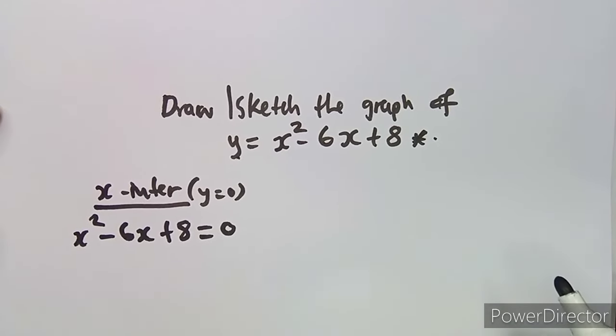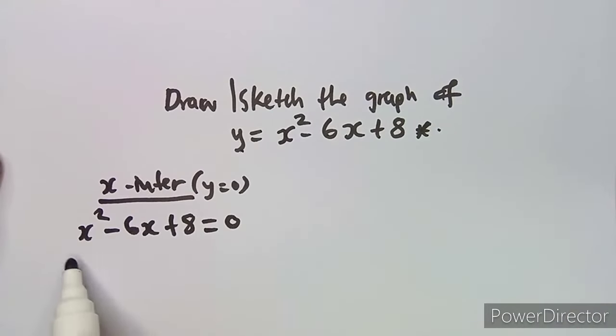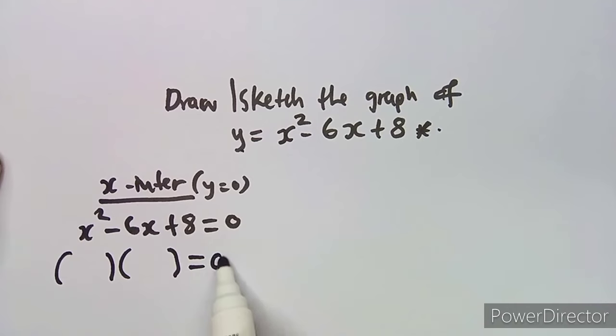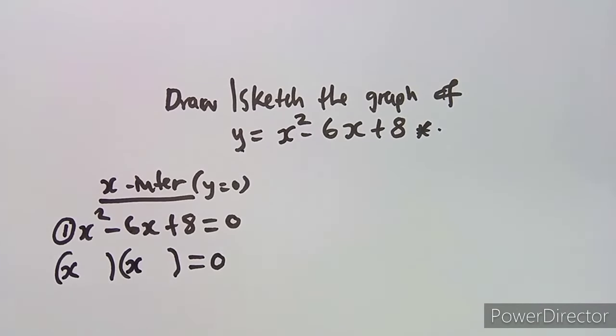You solve for x either by using the quadratic formula, which is fine when you are used to it, or you can apply factorization. Remember, from your factorization, when the coefficient of x squared is 1, you are going to have two brackets, then you indicate your x here and your x here.